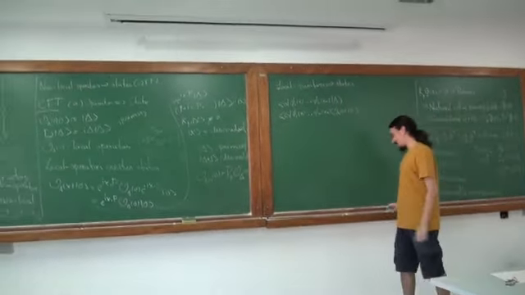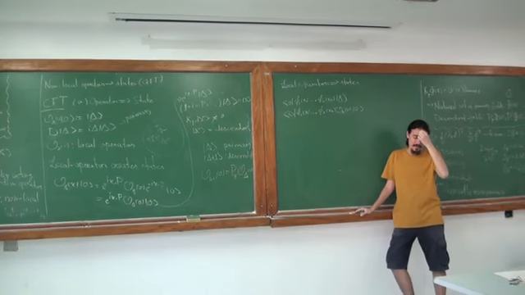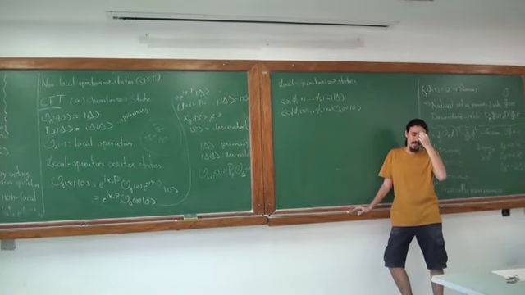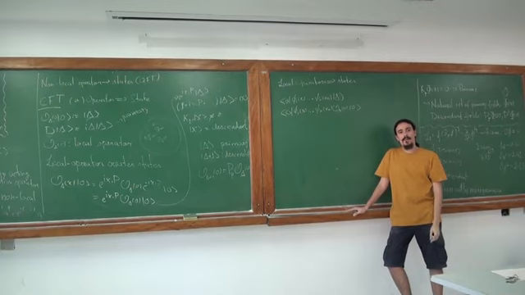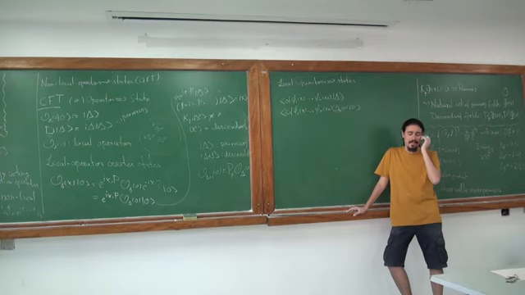I don't have it here, but I can send everyone an email with the reference. I guess the first work that classifies all the irreducible representations of the conformal group is by Mack and Salam. It's a paper titled something like all irreducible representations of the conformal group.